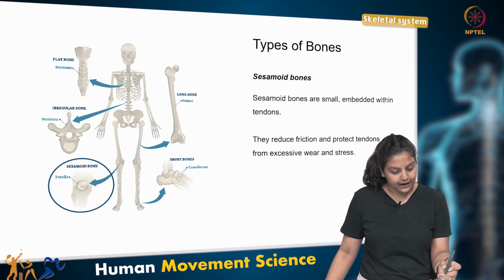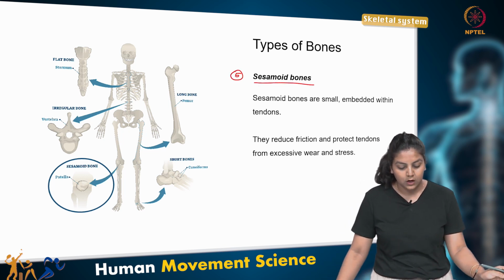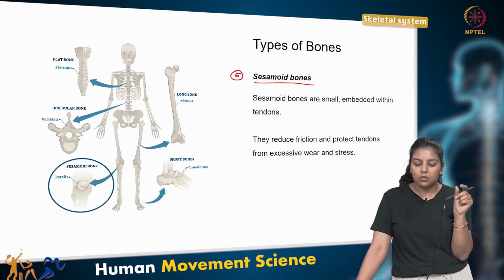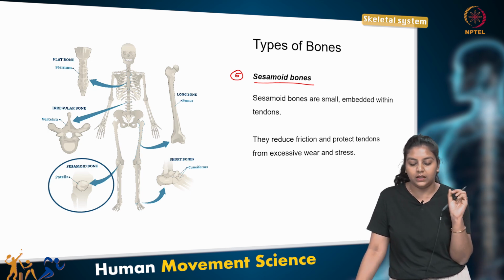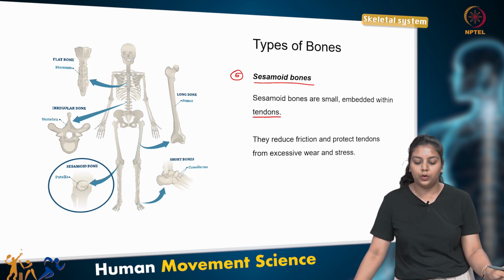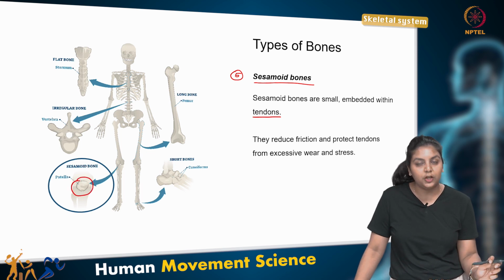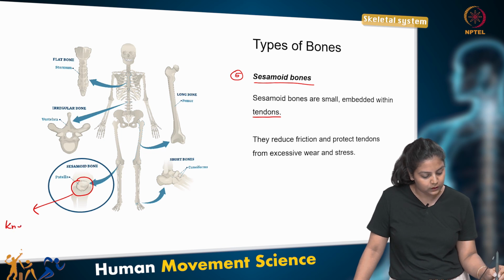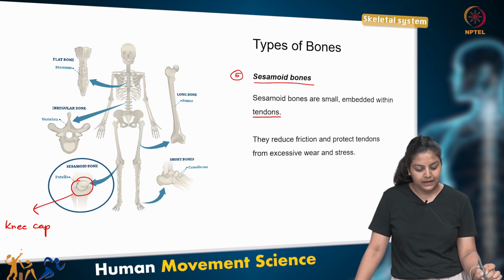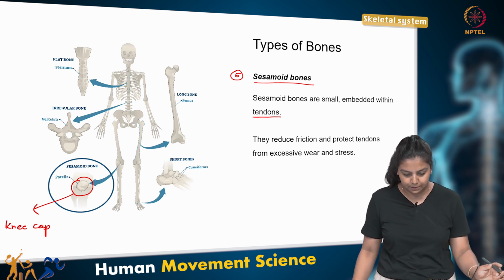Let's look at our fifth category, which is the sesamoid bones. Sesamoid bones are quite small and usually embedded within the tendons. We'll look at tendons in the next few slides, but for you to remember, they are small and embedded in the tendons. For example, your kneecap is the best example: the patella bone is embedded in the kneecap.